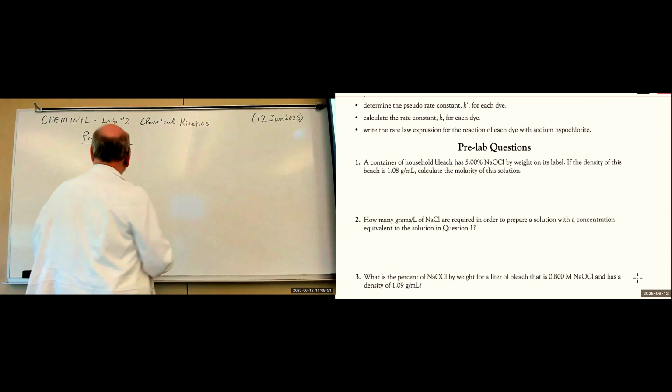If we're starting from here, where are we going to end up? Moles of sodium hypochlorite per liter. Right? That's where we're headed. And this is in mass. That's where density comes in. Grams per milliliter. So this says so many grams, what is 1.08? 1.08 grams of solution per milliliter of solution.